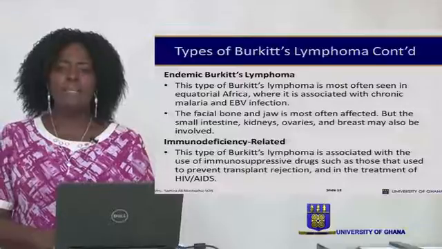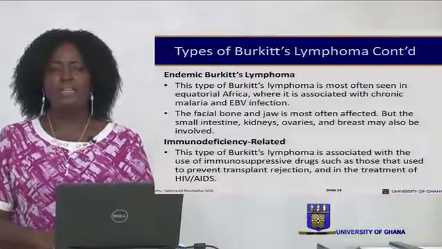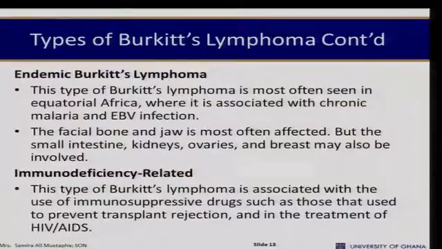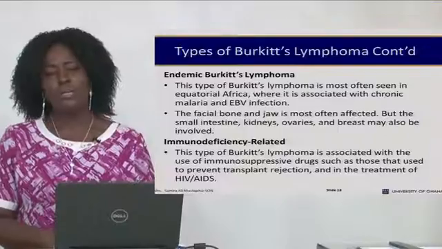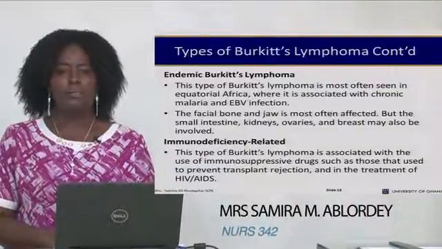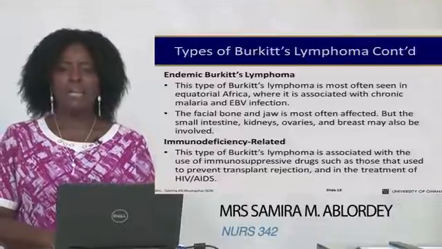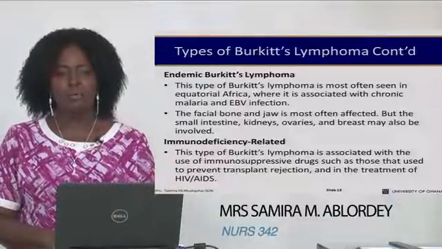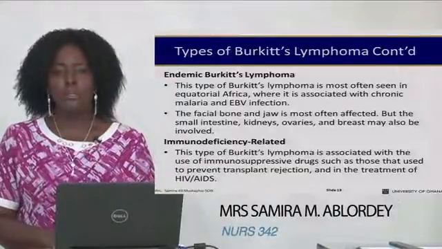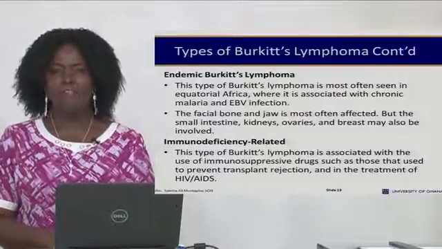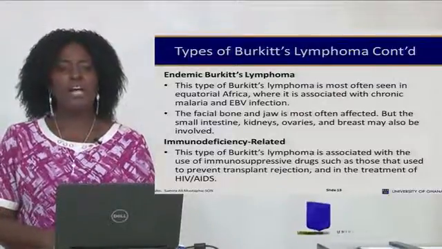And then in endemic areas like Africa, Ghana and other West African sub-regions near the equator, this is strongly associated with malaria, and Epstein-Barr virus has been identified as a necessary cause. So in our parts of the world, it is also believed that Epstein-Barr virus is a strong cause. Here it affects mainly the facial bones.